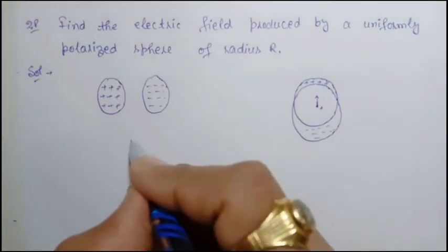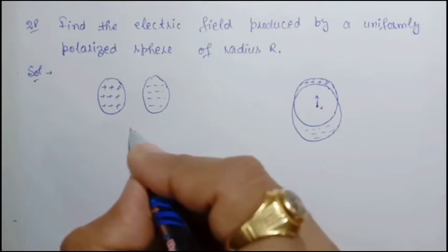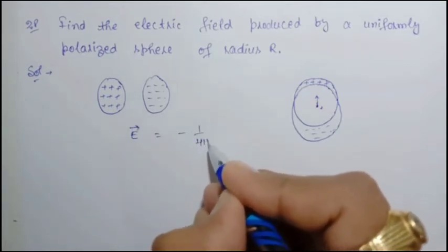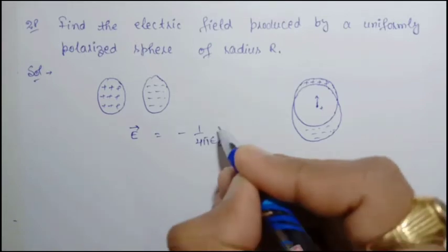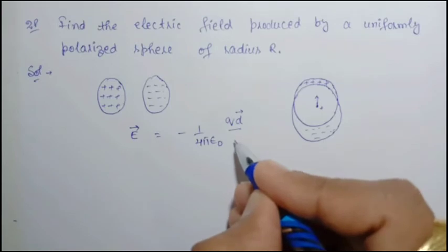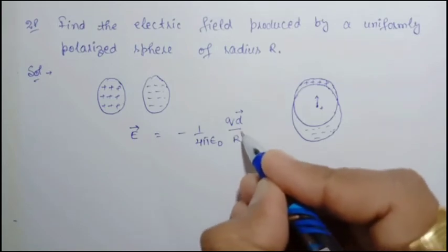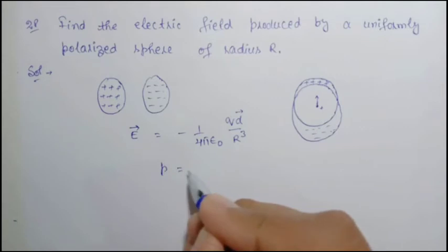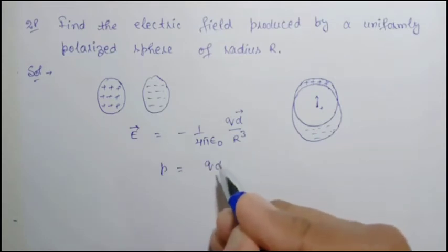Okay, so here electric field is equal to minus 1 over 4 pi epsilon naught, and here we have Qd over r cube, because r is the radius of the sphere. Again we can write p is equal to Qd.